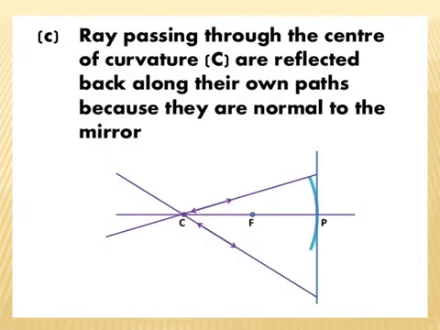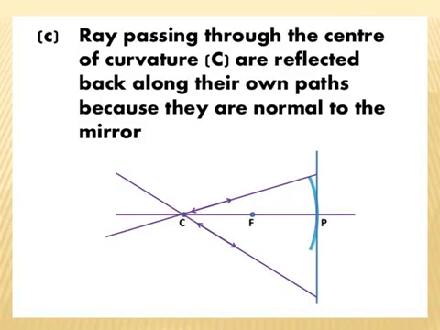The next rule says, any ray passing through the center of curvature is reflected back in the same path. So the incident ray and the reflected ray for this case will be one and the same. Here there are two lines which pass through the center of curvature.